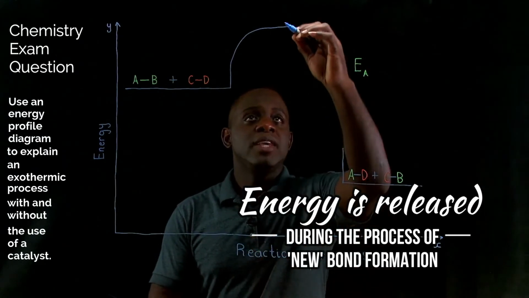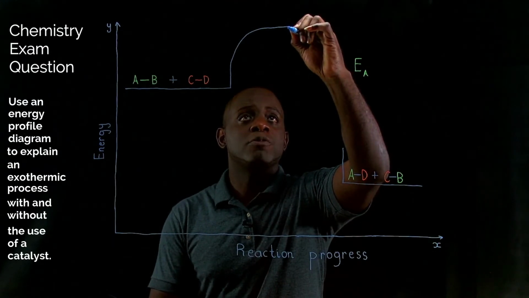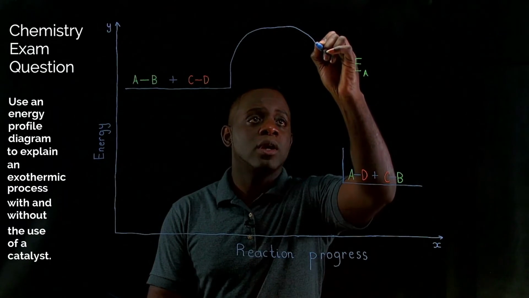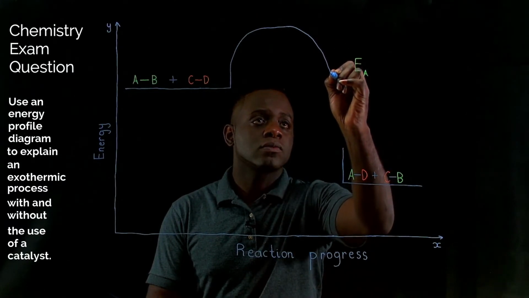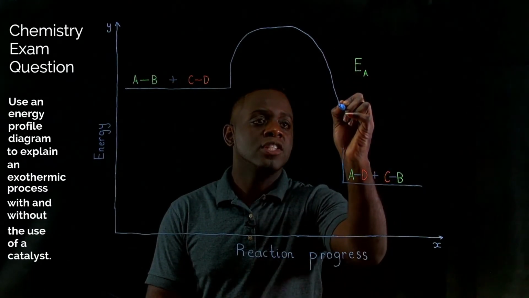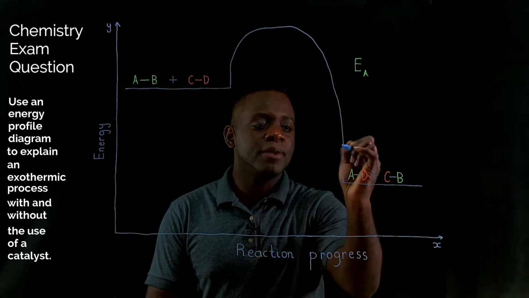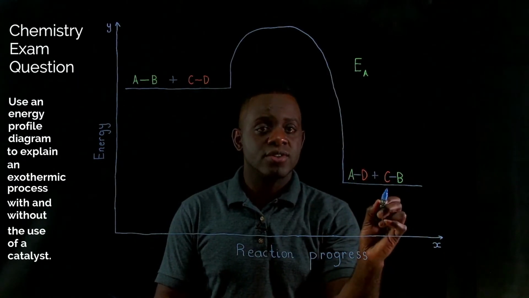And so, as we can see here in our energy profile diagram, the energy level will come down until we reach the level of the enthalpy of the products.